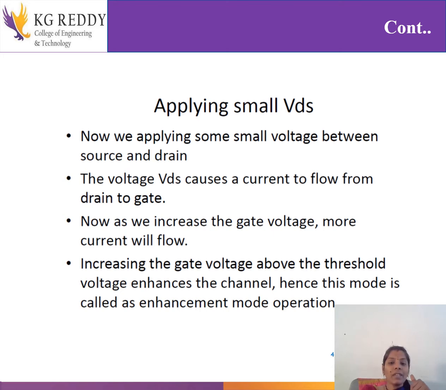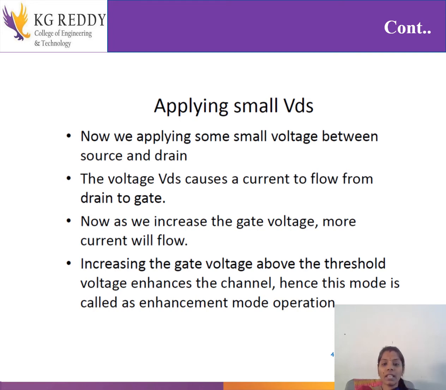Now, as we increase the gate voltage more than the drain voltage, what happens? Increasing the gate voltage above the threshold voltage enhances the channel. Hence, this mode is called the enhancement mode of operation.